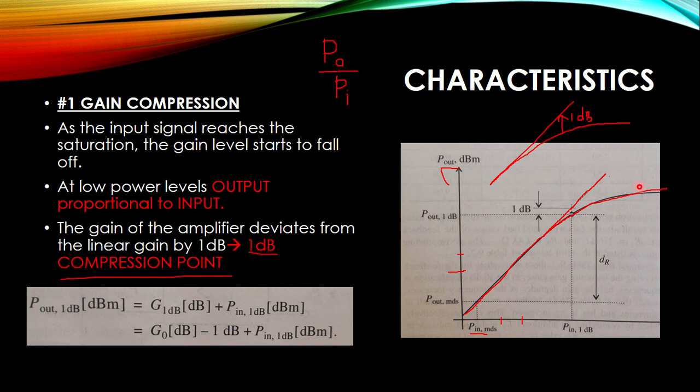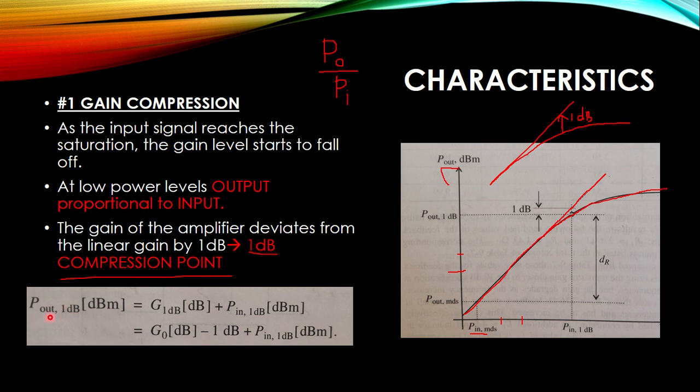But if I want to know the linear scale of my amplifier from the non-linear region, if I increase it by a value of 1 dB, this is my nonlinear region. If I increase this by a value of 1 dB, I can reach my linear region. And this point is what we call the 1 dB compression point.